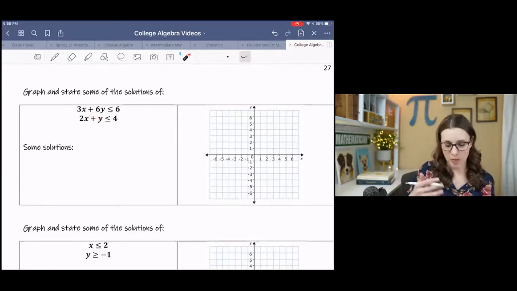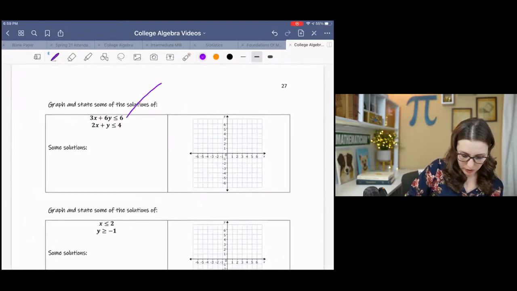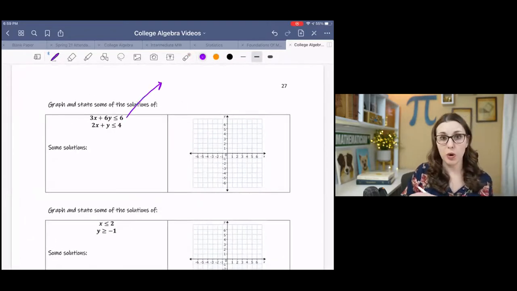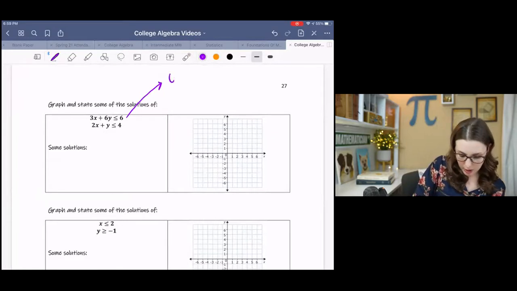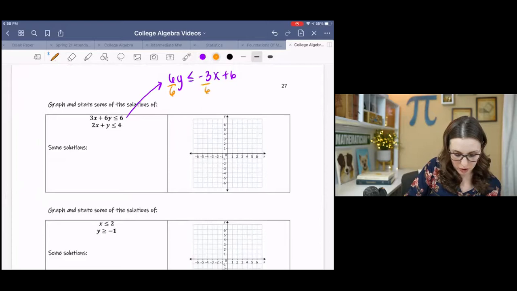Let me remind you what I'm talking about. We've got this inequality here. If I were to isolate y, I would need to subtract 3x. And then I'm going to divide by 6 as my last step.